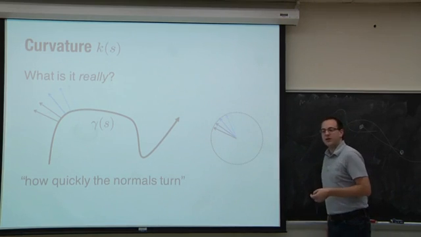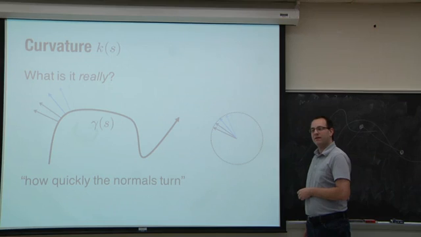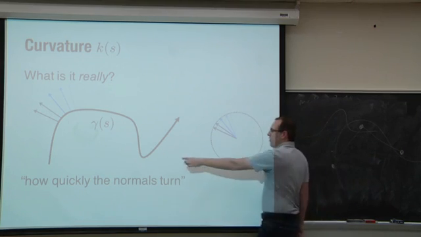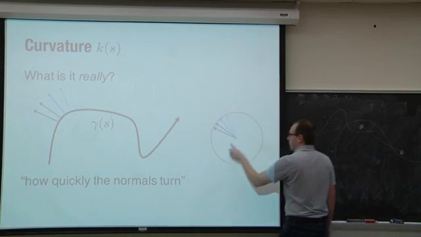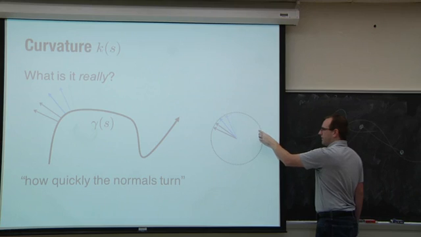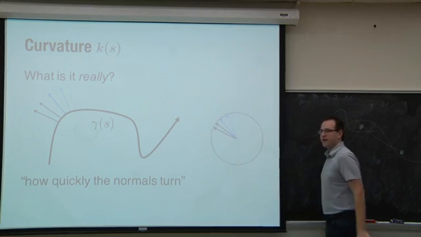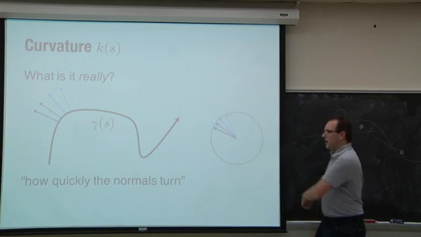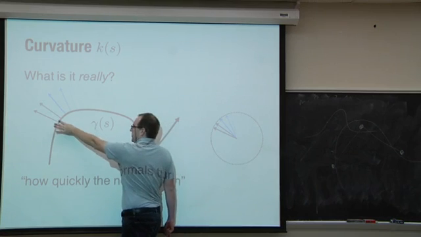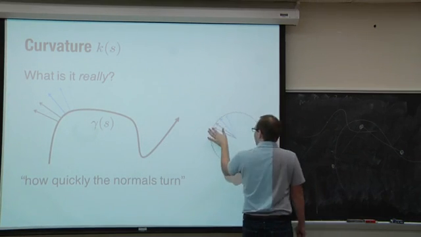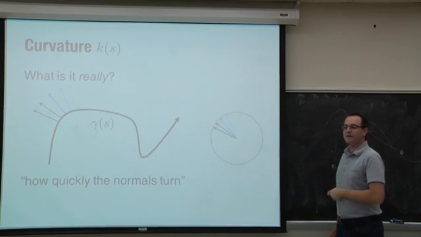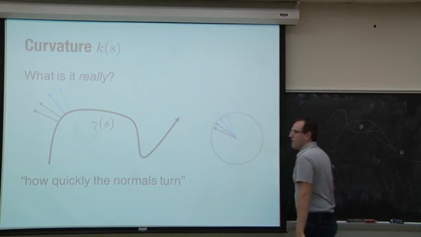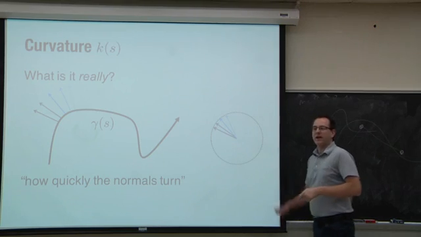And am I going to go clockwise or counterclockwise? Right, so if I'm over here, my normal is going to be over here. And then I'm going to quickly swivel to over here, so I'm going to go counterclockwise. If I have small positive curvature up here, I'm going to move a small amount on my circle, and I'm going to move clockwise. What if I have a long stretch of straight line? What is that going to look like on the circle?